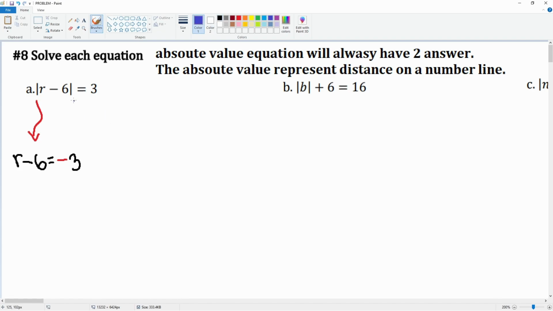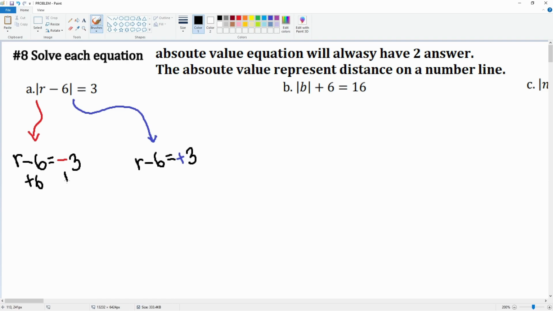And then the positive version is r minus 6 is equal to positive 3. You see, there are two equations. Once you split this, the absolute value disappears. The absolute value allows you to split it into two equations, one equaling the positive version and the other equaling the negative version.